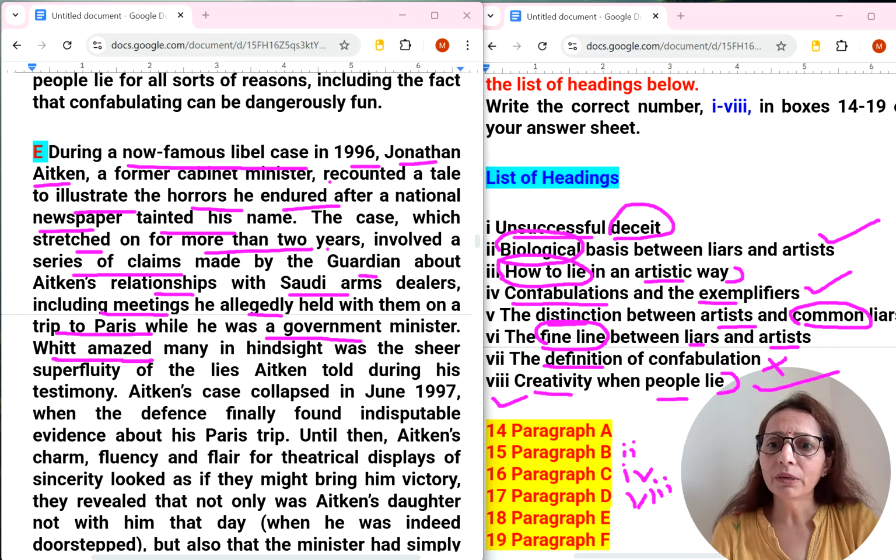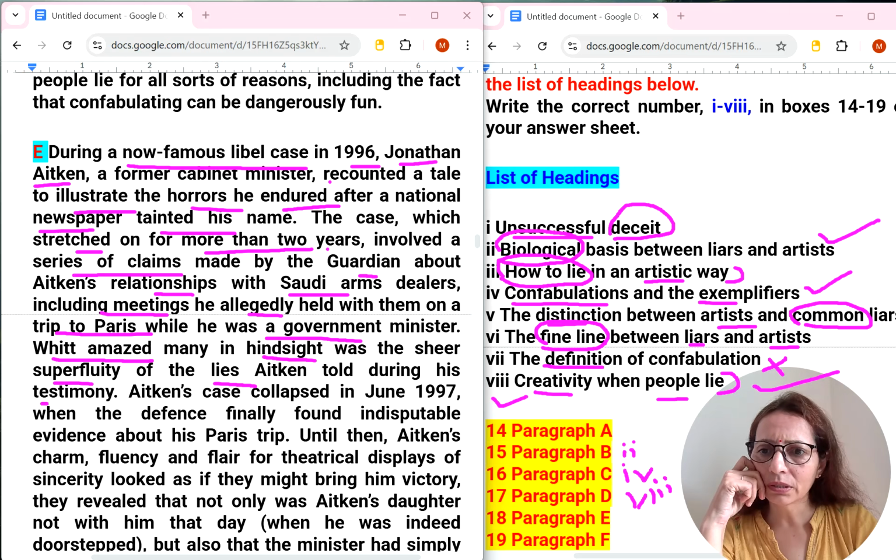What amazed many in hindsight was the sheer superfluity of the lies, Aitken told during his testimony. Aitken's case collapsed in June 1997 when the defense finally found indisputable evidence about his Paris trip.